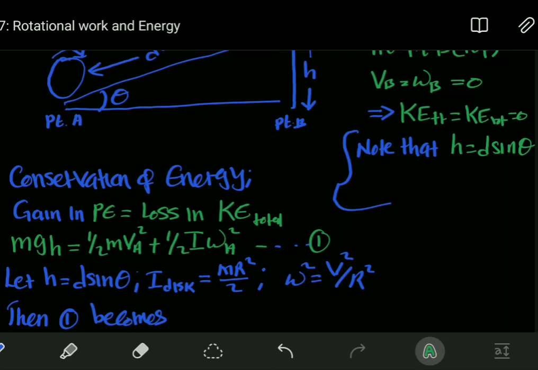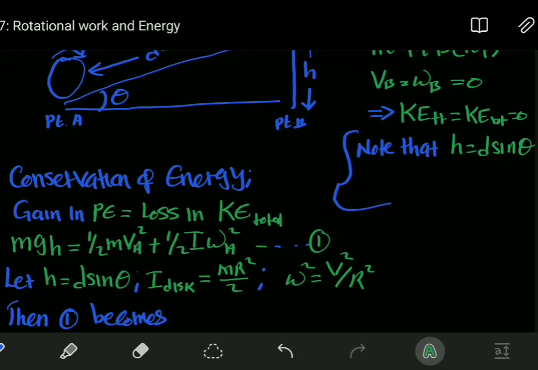Also, we know that h equals d sine theta. We also know that the moment of inertia for a disk is mr squared over 2. And we also know that omega squared can be expressed as v squared over r squared.